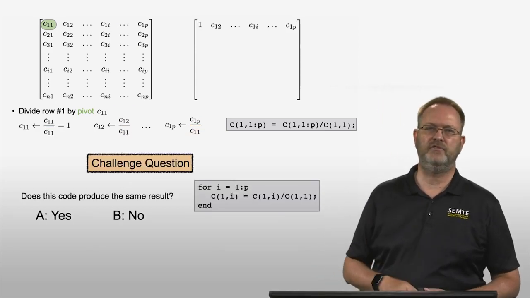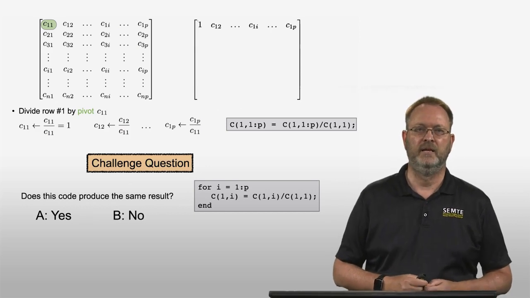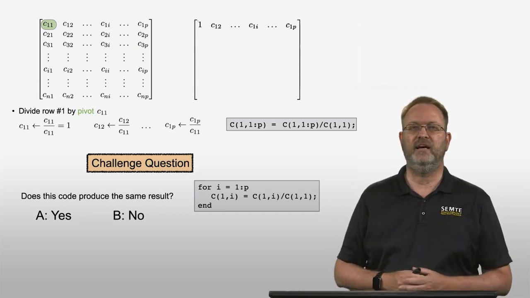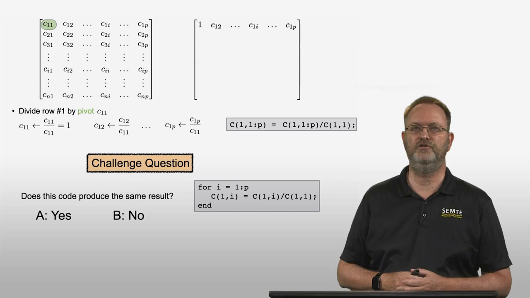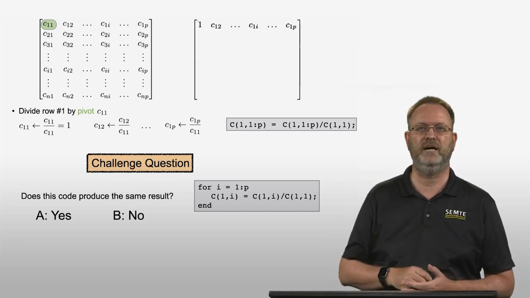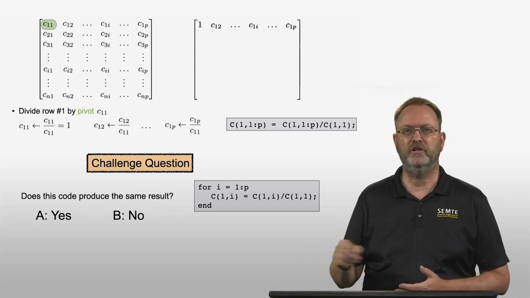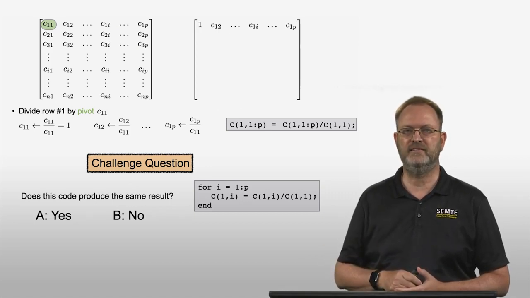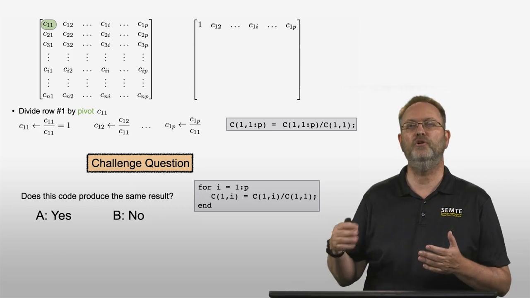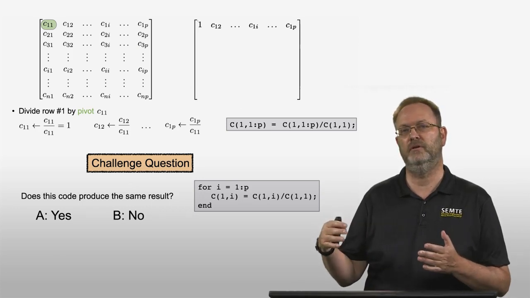So here's now a challenge question that you can try to answer. This is a code segment that I wrote up there, how to divide this first row by the entry C11. So the question is, I'm going to give you an alternative code here in the box that says that I'm going to do this entire operation as a loop.